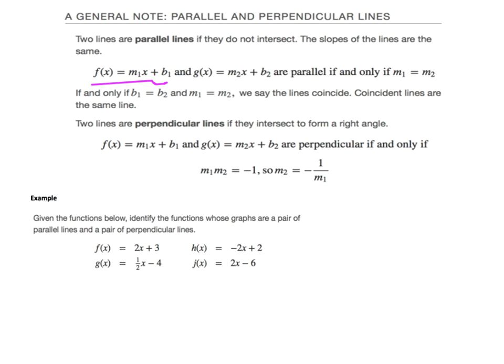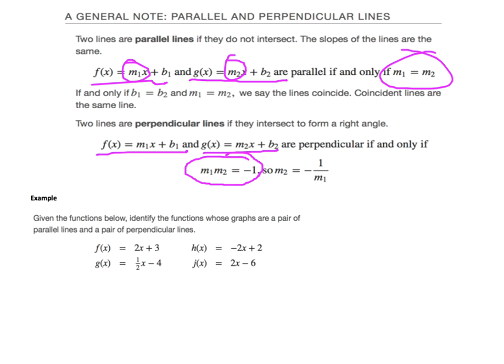So I'm going to have some line and some line that's parallel to it, and the slopes are going to equal each other. Perpendicular, I'm going to have a line, and I'm going to have a line that's perpendicular to it. When you multiply opposite reciprocals, you get -1. So my perpendicular slope is equal to the opposite reciprocal of my first slope. That's all that's saying to you.